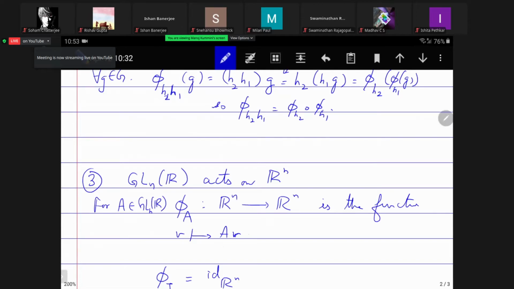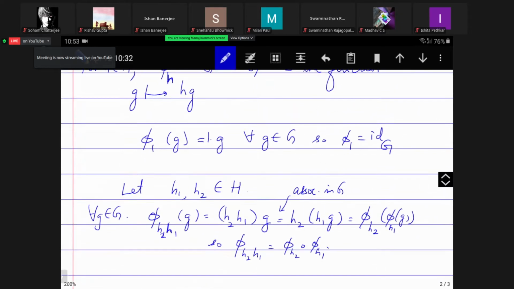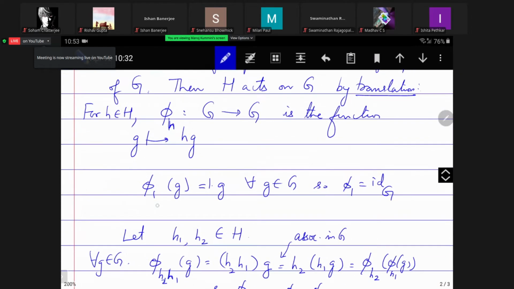You can invert it back using the inverse of A. Similarly, here, G goes to HG, and using H inverse, we can go back from HG to G. So these are bijective functions.